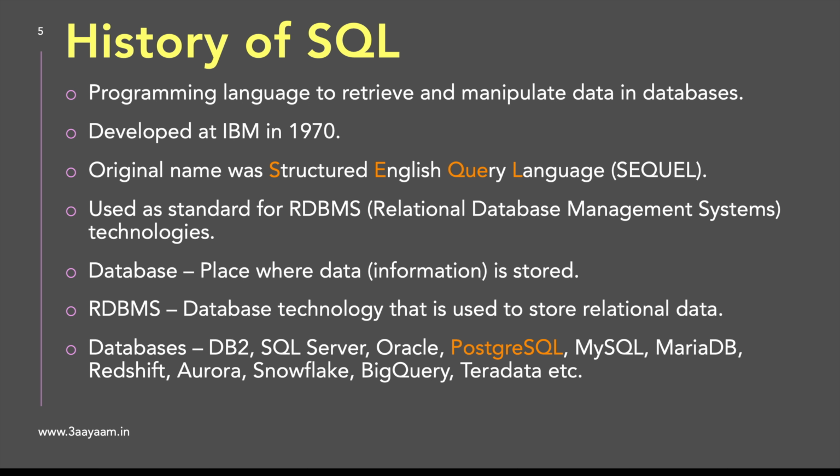And on the bottom part, except for Aurora, which provides open source databases in a managed offering, all the other technologies that I have mentioned, like Redshift, Snowflake, BigQuery, Teradata, etc., are data warehousing systems, which are used to store historical data to do historical analytics, predictive analytics, etc., for some business needs of the organization.